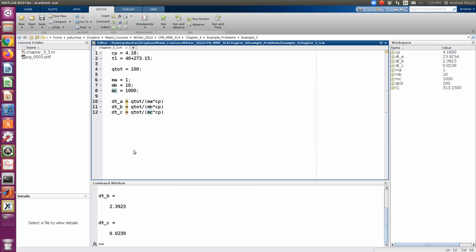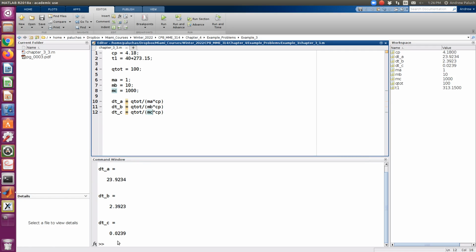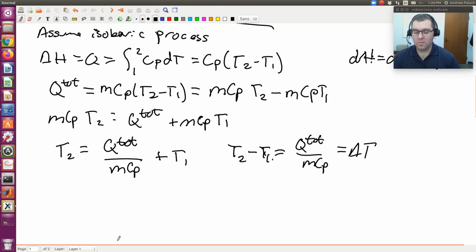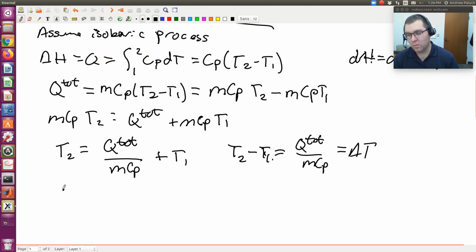All right, so as I run this, I find that as mass increases, the change in temperature decreases. So delta T for case A is 23.92.